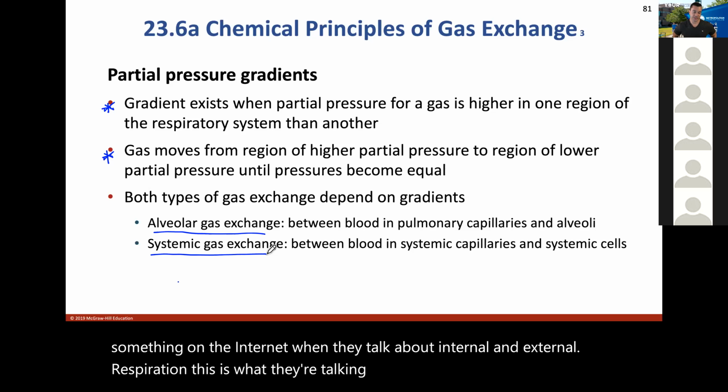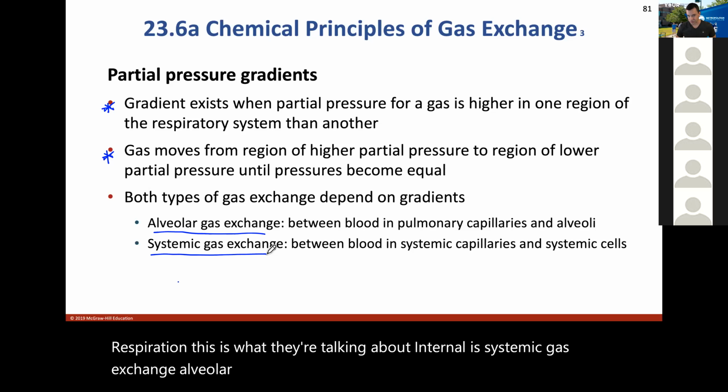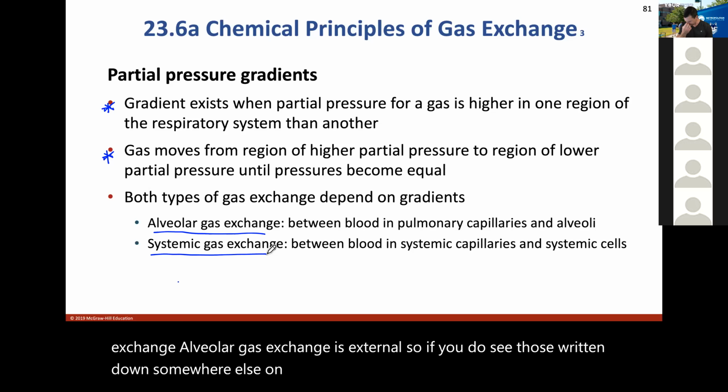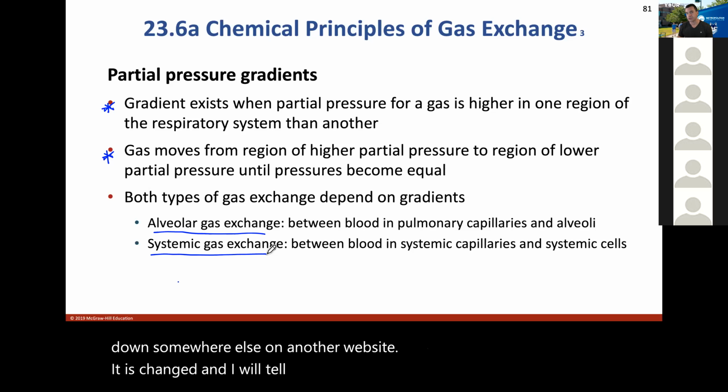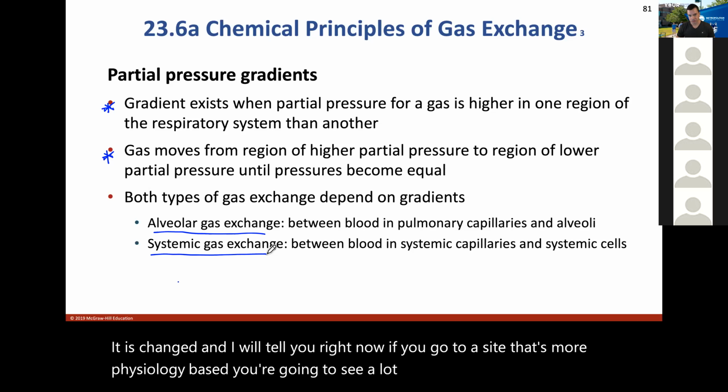Internal is systemic gas exchange. Alveolar gas exchange is external. Okay, so if you do see those written down somewhere else on another website, it is changed. And I will tell you right now, if you go to a site that's more physiology based, you're going to see a lot of old terminology. Okay.